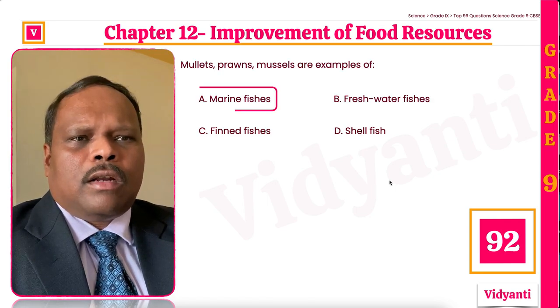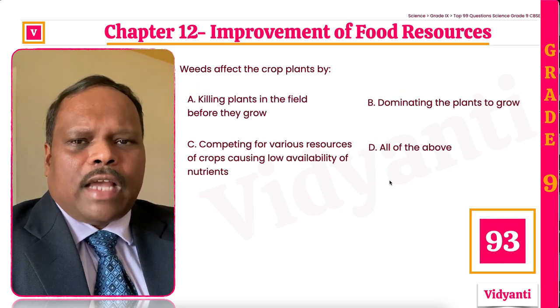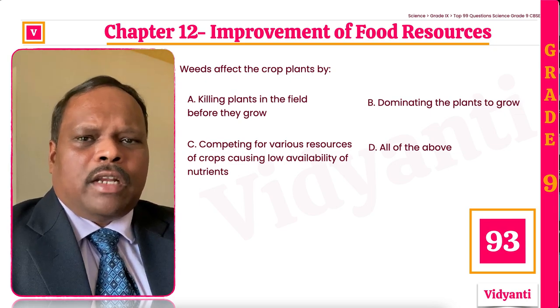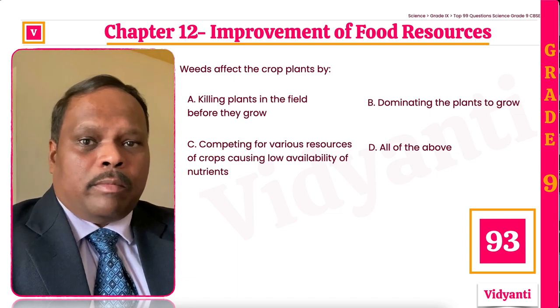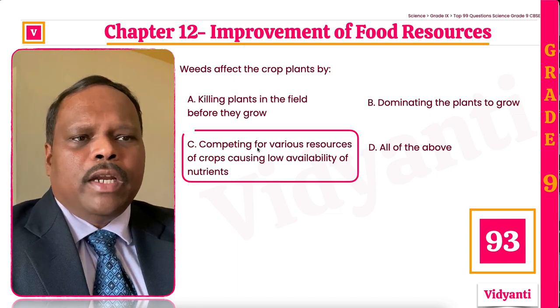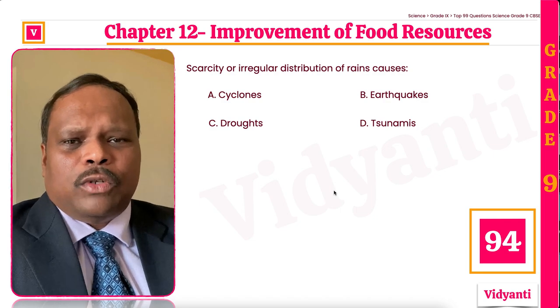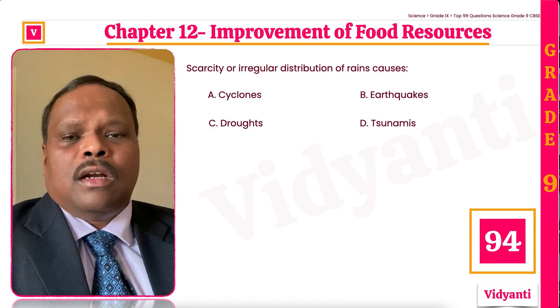Mullet and prawns are marine fishes. Weed creates a competitive environment, and it takes over all the resources, thereby not allowing the original plant to receive the resources. So competing for various resources, that's the correct option. Scarcity or irregular distribution, well, cyclone actually can bring heavy rains, so that's not the correct option.